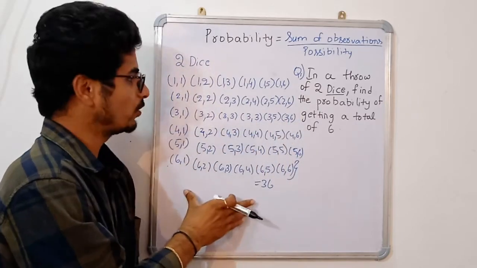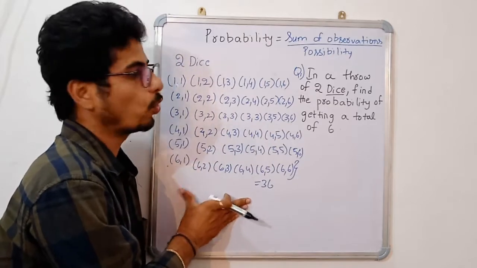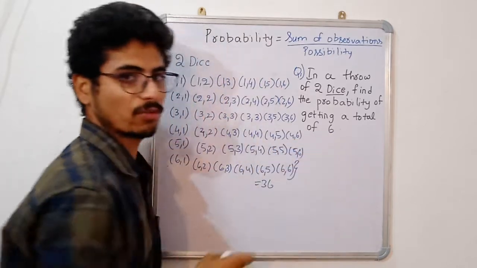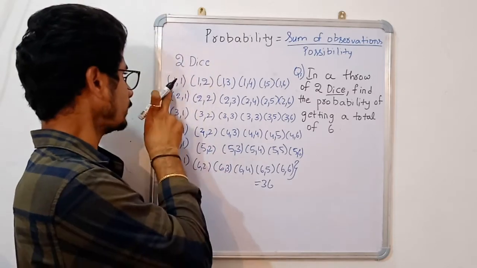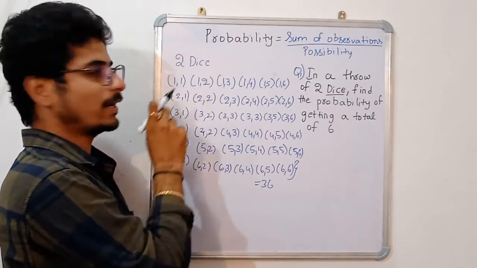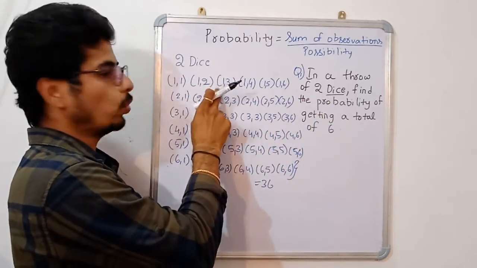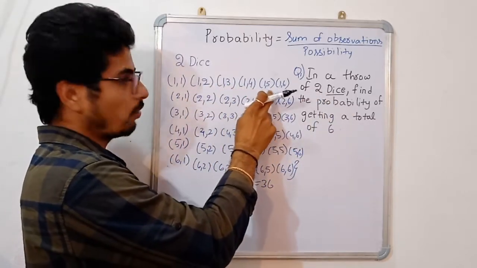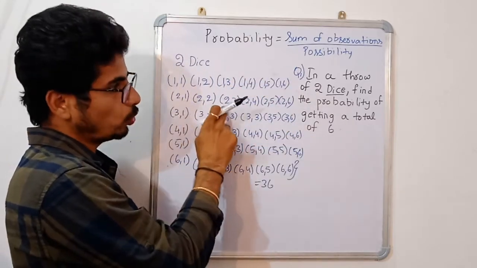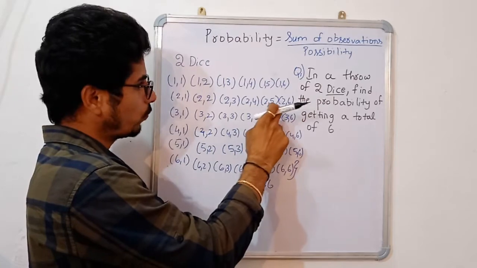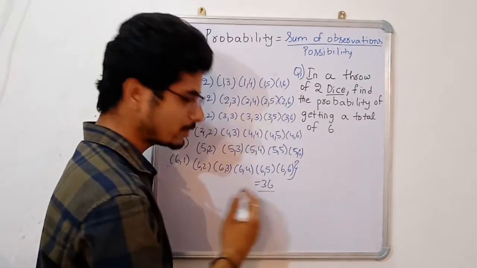These are the sequences which we will get. From these sequences we need to know for which combinations we will get a total of 6. Similarly 2 1, 2 2, 2 3, 2 4, 2 5, 2 6 and so on. So the possibility is 36.